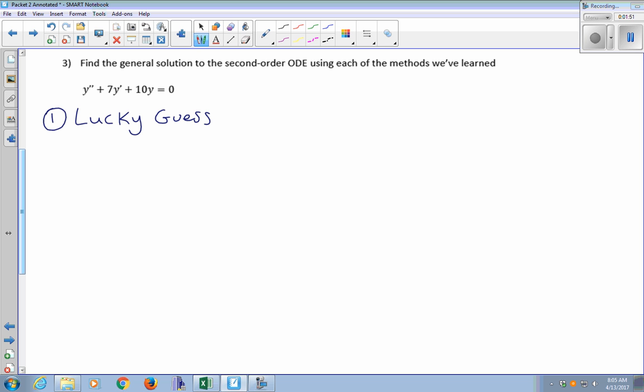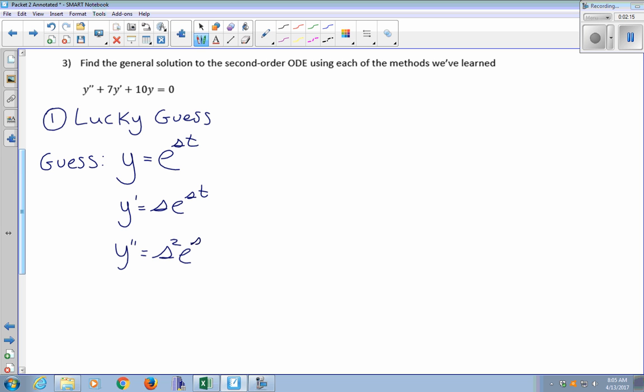We guess that there is a function y = e^(st) that solves this. So y' is s e^(st), and y'' would be s² e^(st).